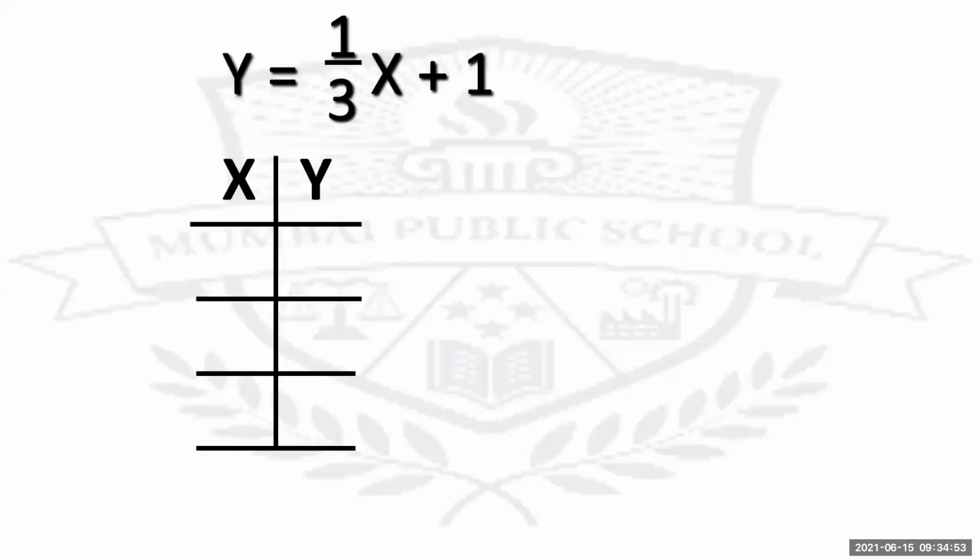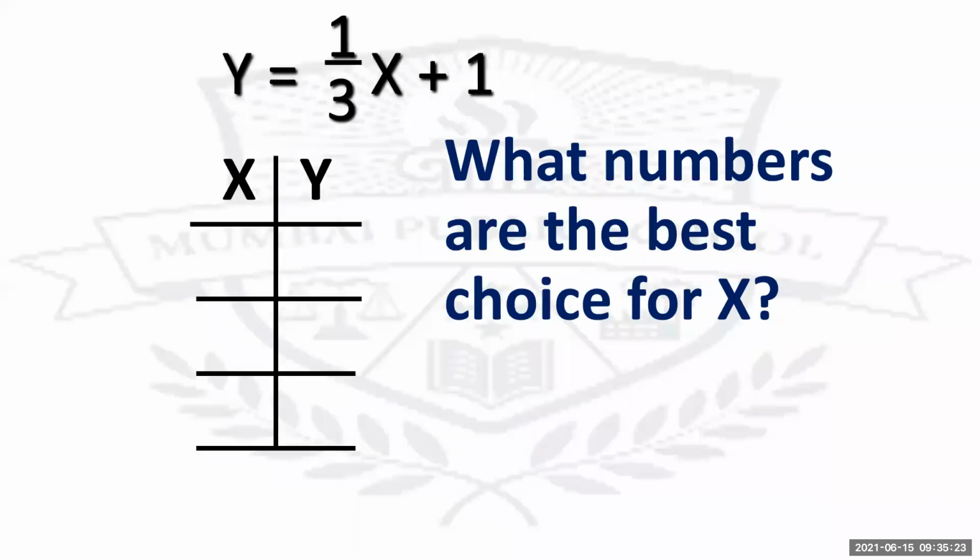Now, next equation. It's a bit tricky, or the difficulty level has been increased. Now check. y equals 1 upon 3 x plus 1. Check here, in the denominator there is 3. So when you're going to substitute for the value of x, you have to substitute in terms of multiples of 3.